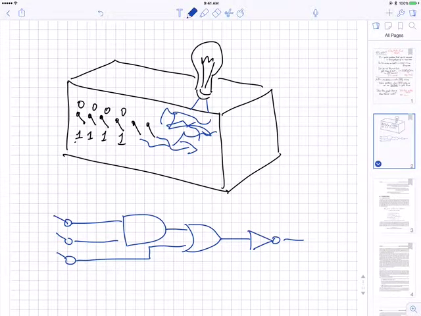Is there a fast way of checking, given an arbitrary Boolean circuit, whether or not there's a setting of the inputs that makes the light bulb turn on? Now, this is a problem that's in NP. I can convince you that there is a setting of the switches that makes the light bulb turn on by walking over and setting the switches.